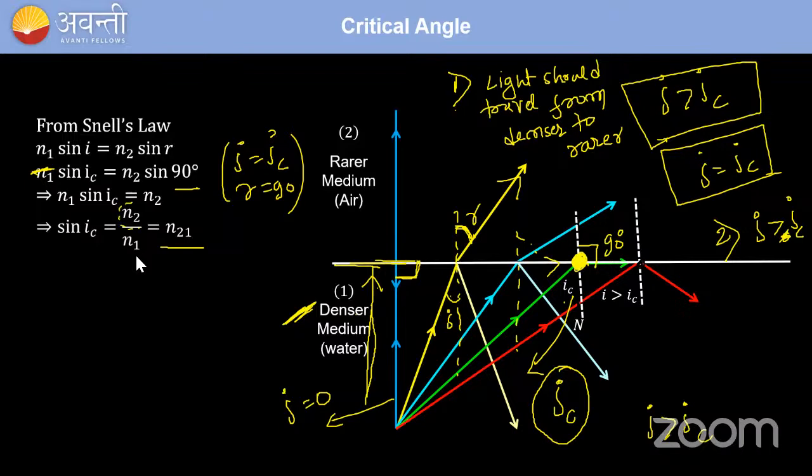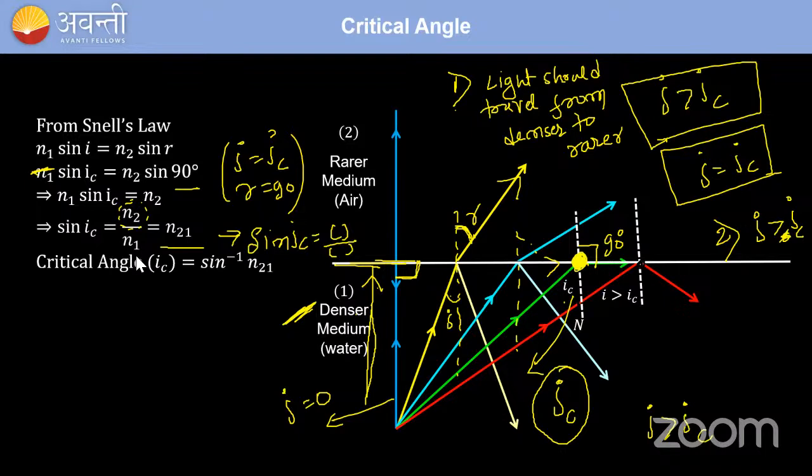On top there is the refractive index of rarer media and on the bottom the refractive index of denser media. So remember, you should not need to derive this every time in class. Sin of critical angle is equal to the refractive index of rarer media on the top divided by the refractive index of denser media on the bottom. So this is how we will define critical angle.